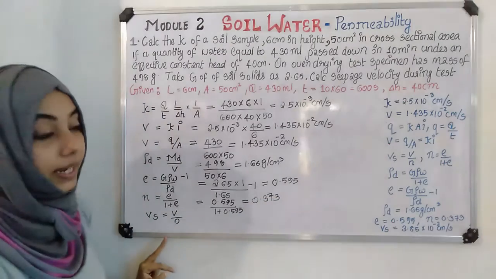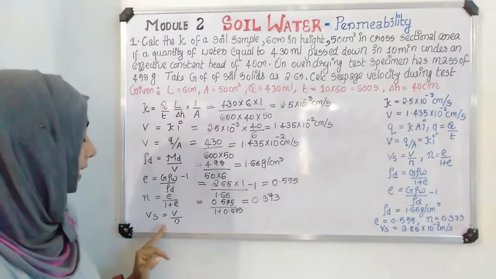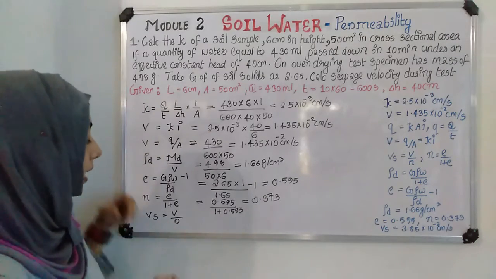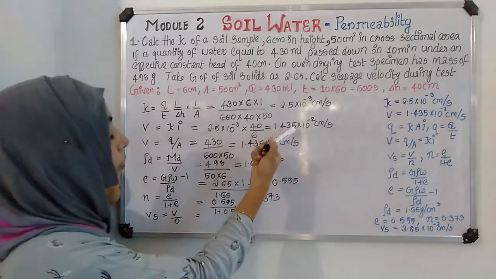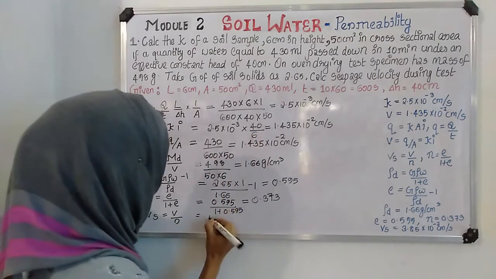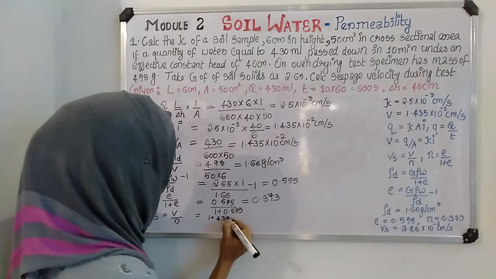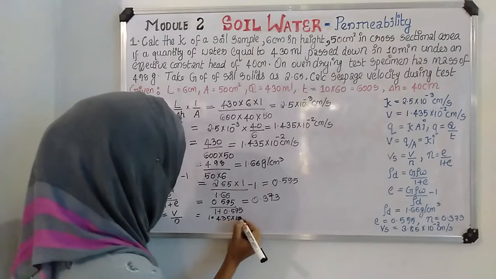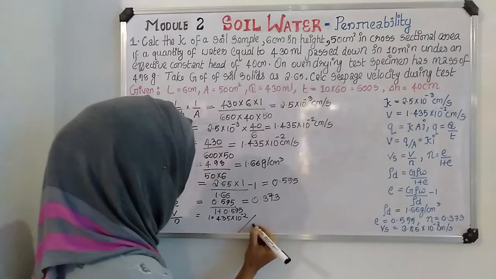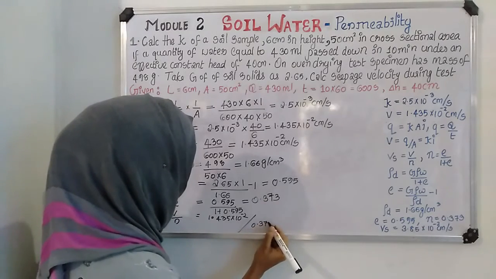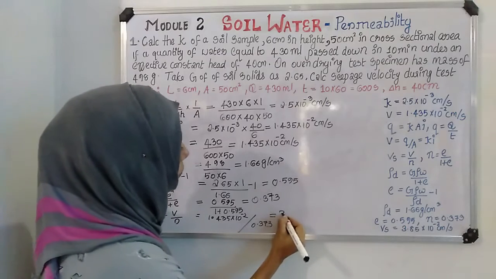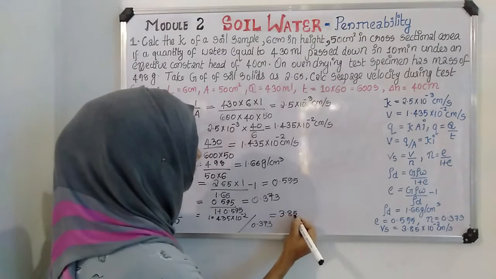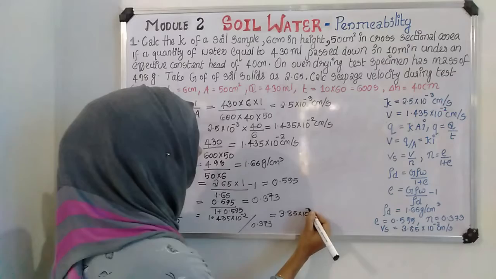Then substituting in the equation, seepage velocity v_s is equal to v by n, where v is the discharge velocity that we have already found out, 1.435 into 10 raised to minus 2 divided by porosity 0.373. Our seepage velocity is 3.85 into 10 raised to minus 2 centimeter per second.